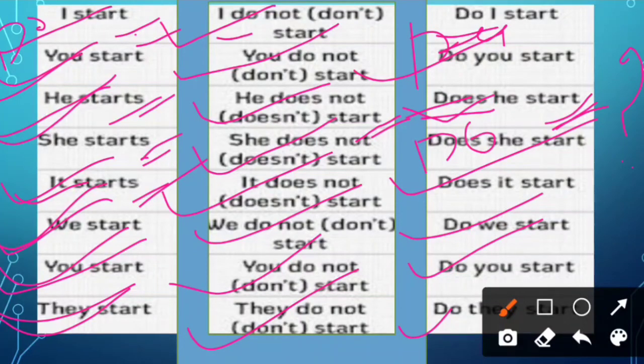Here the same thing: sometimes instead of do not they might have used does not. So you will have to find out first of all that it is a sentence of the simple present tense, and according to that you will have to make the correction. So it will be very easy for all of you if you have the knowledge. And keep in your mind, if you know this very well, then it will be very easy.